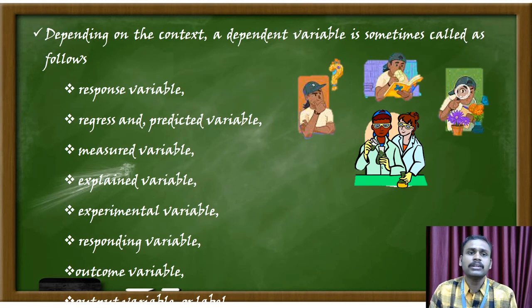Depending on the context, the dependent variable is sometimes called as follows: the response variable, regressand, predicted variable, measured variable, explained variable, experimental variable, responding variable, outcome variable and output variable. So we can call the dependent variable by these names.